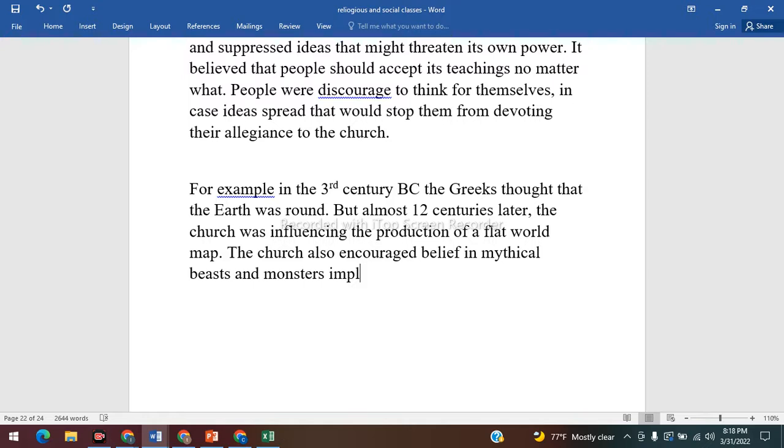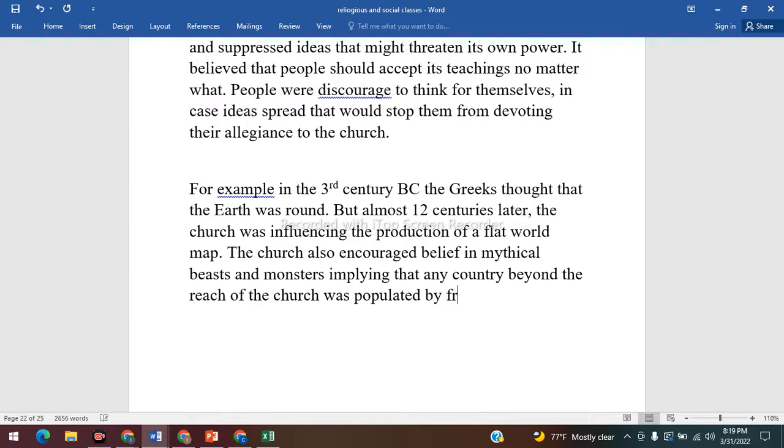So the church also encouraged belief in mythical beasts and monsters, implying that any country beyond the reach of the church was populated by frightening creatures.